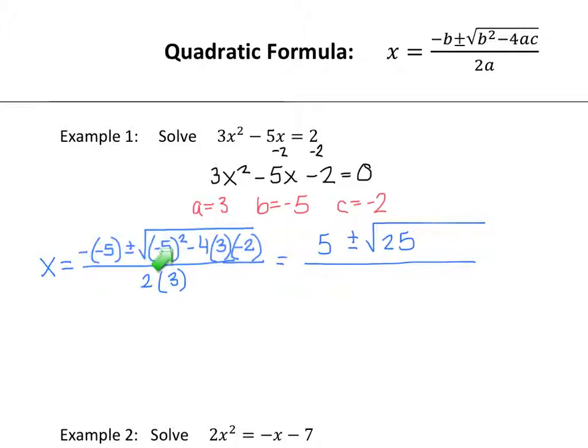So whatever that number is, when you simplify it, it should always be positive when it comes out. And then what's -4 times 3? What's -12 times -2? +24. And then on bottom, 2 times 3 gives us 6.